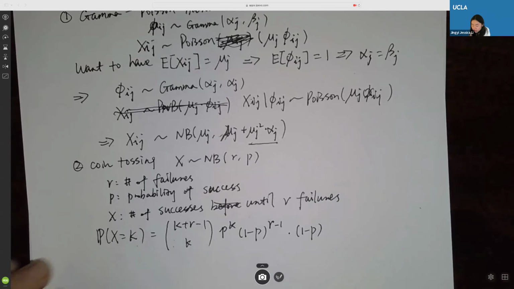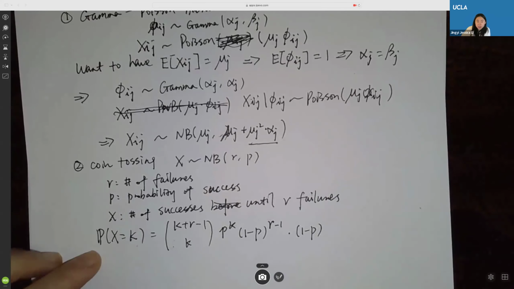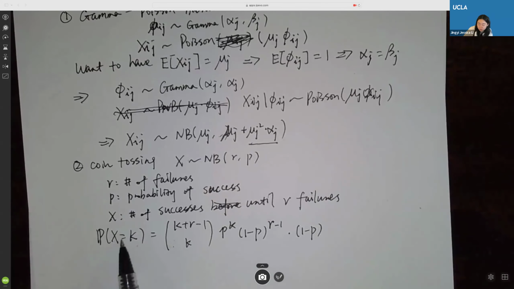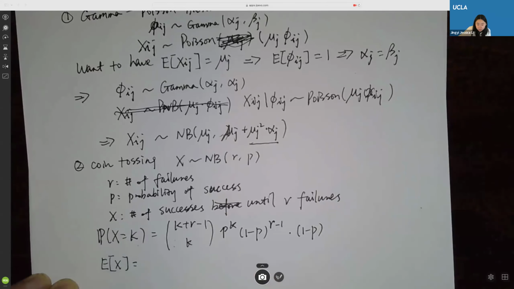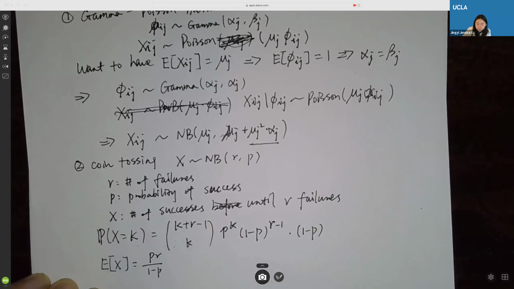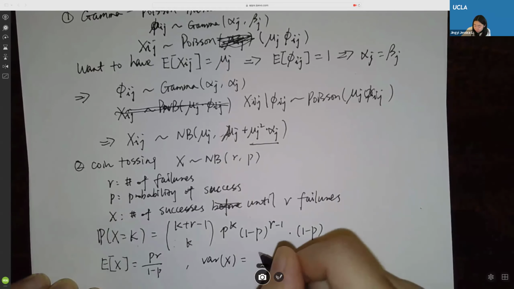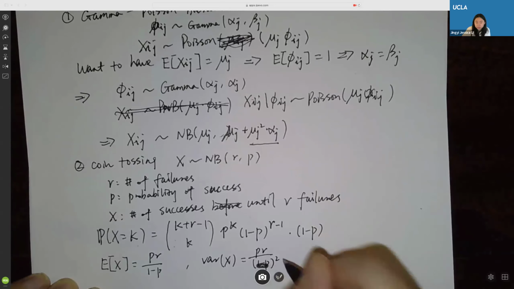So using this as the so-called probability mass function for this X as a discrete count random variable, we can compute its expectation. In this case, the expectation of X can be computed as P times R over 1 minus P. And the variance of X is P times R over 1 minus P squared.